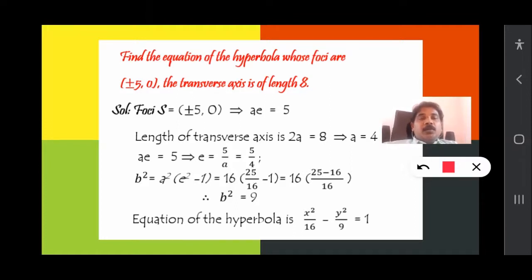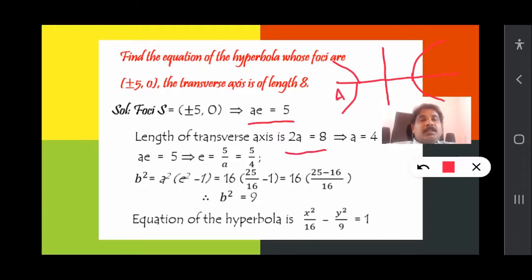Solution. Foci S is equal to plus or minus 5, 0. The formula for foci is plus or minus AE, 0. Therefore, AE is equal to 5. This is the hyperbola. Length of transverse axis is 2A is equal to 8.